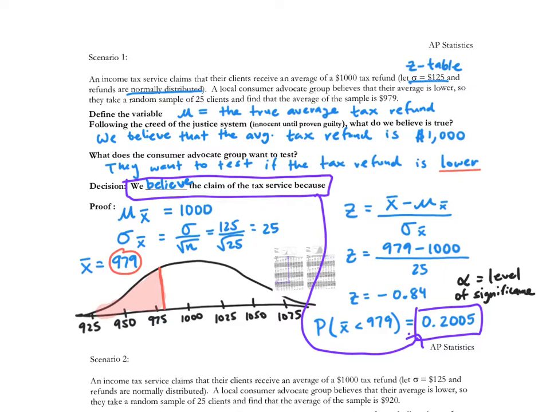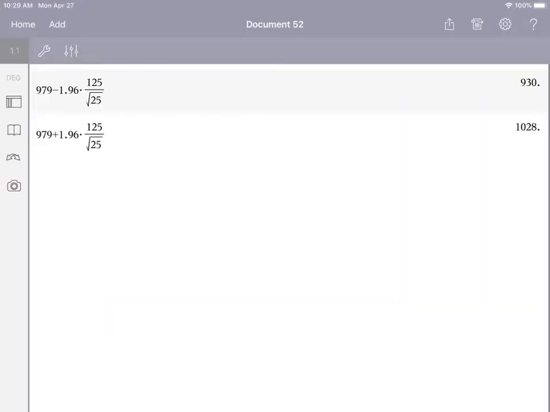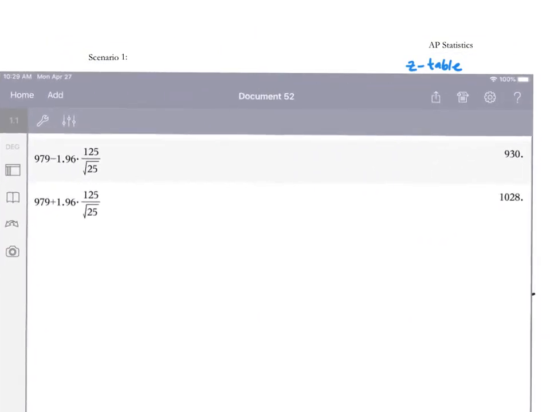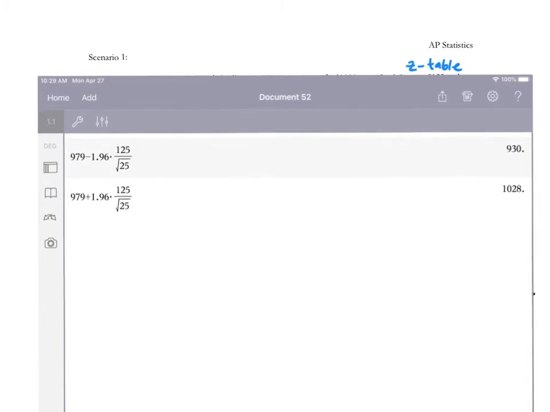And so I'm going to put an image in here. And so if I use confidence intervals, remember the formula for confidence intervals. It was x bar plus or minus z times standard deviation over square root of n. Okay? And so I went ahead and calculated it here.